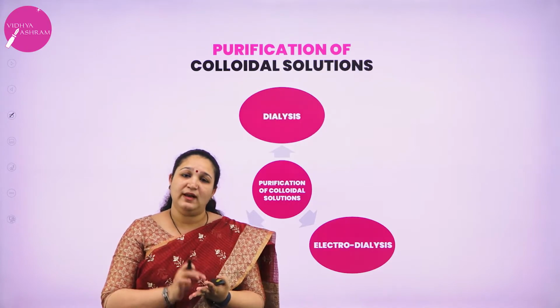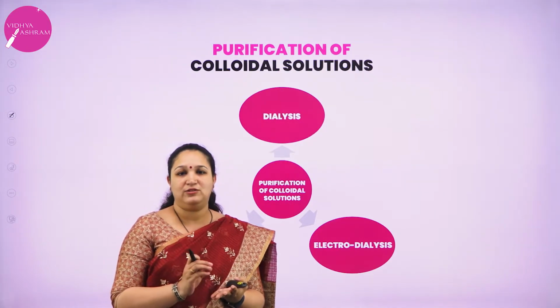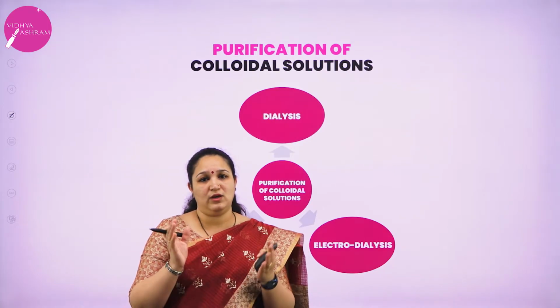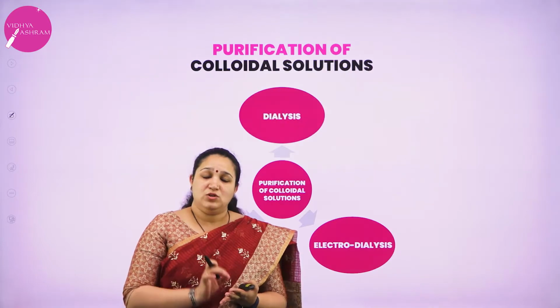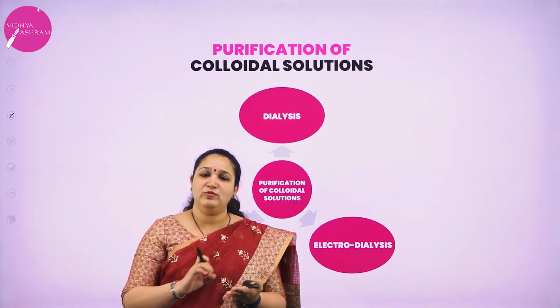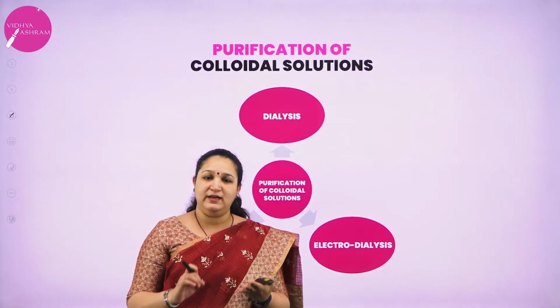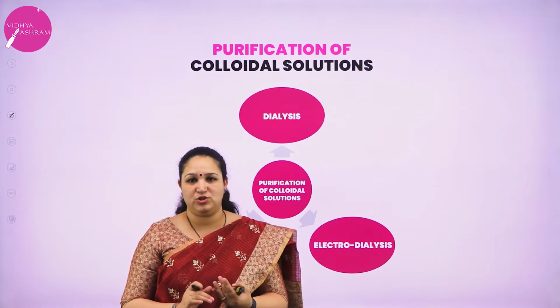If the electrolyte quantity increases, if the electrolytes are more in a colloidal solution, it may coagulate. So it is very important for us to remove the electrolyte particles from the colloidal solution.